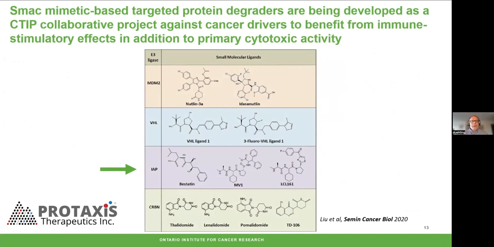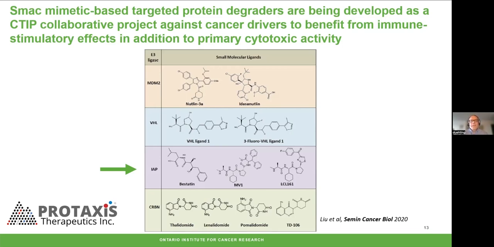We are pursuing an interesting approach where we're combining these IAP inhibitors with PROTACs, and the idea is that these PROTACs are targeting other types of molecules that may be important as tumor drivers, and there's all kinds of combinations that can be pursued.